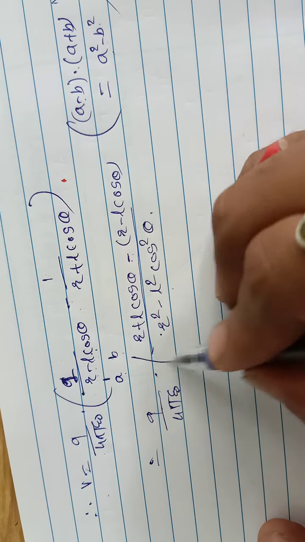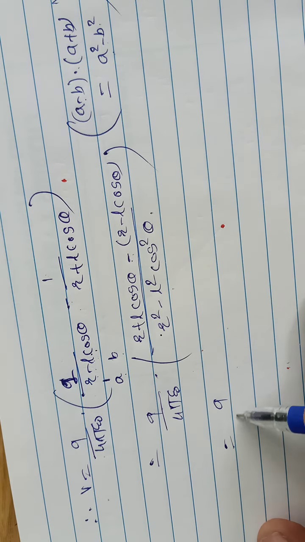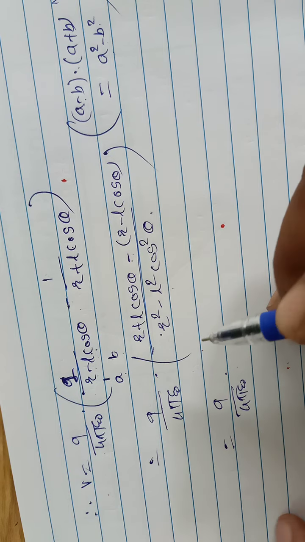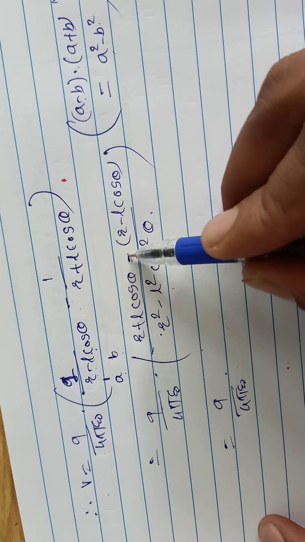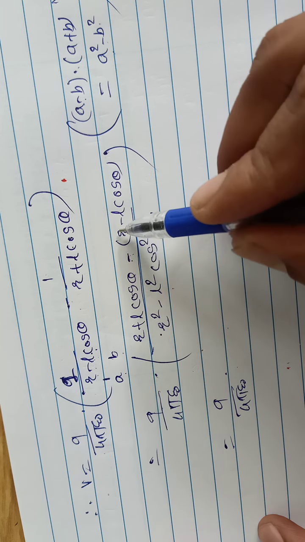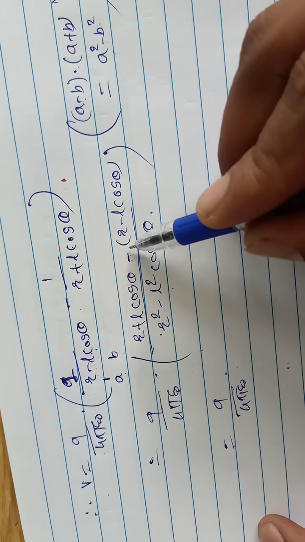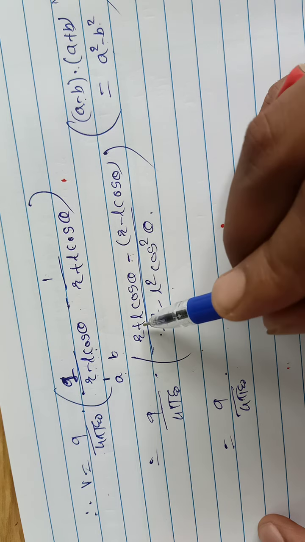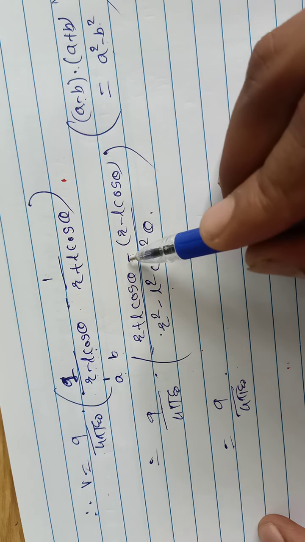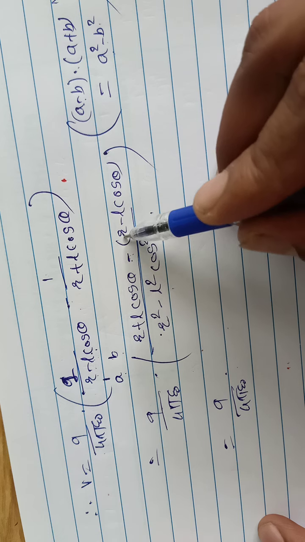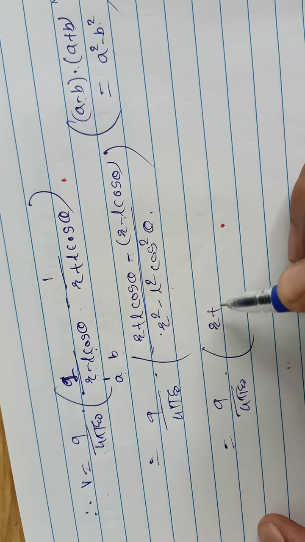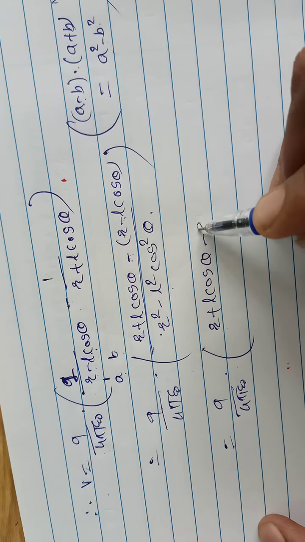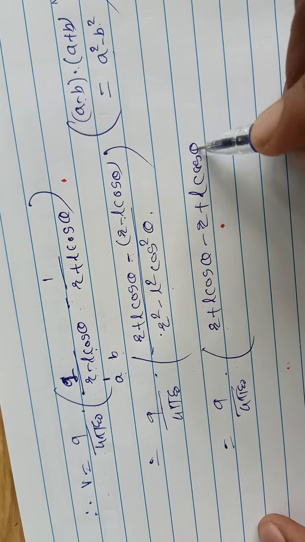Now let's start to solve this value. So we get q upon 4 pi epsilon naught, which is nothing but, look at the numerator, we have some values which will get cancelled. Here is r, here is r. Here is plus r, when the minus sign multiplies to this bracket, r becomes minus and l cos theta becomes plus, so the value becomes r plus l cos theta minus r plus l cos theta.